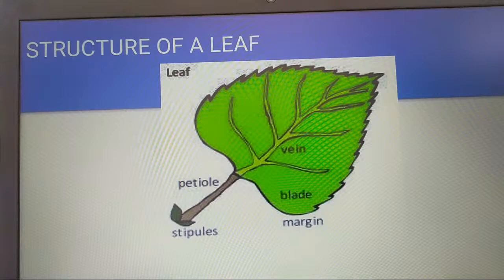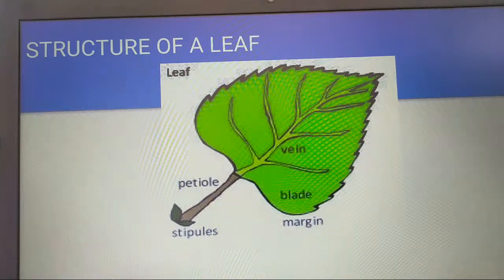It has a leaf blade, which is also called as lamina. The second part is petiole or leaf stalk. Petiole attaches the leaf to the stem.